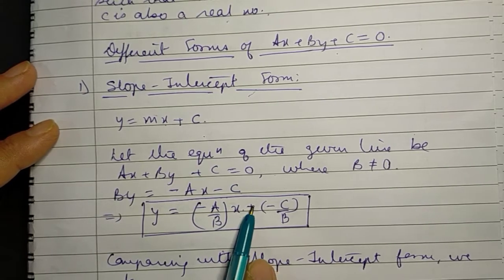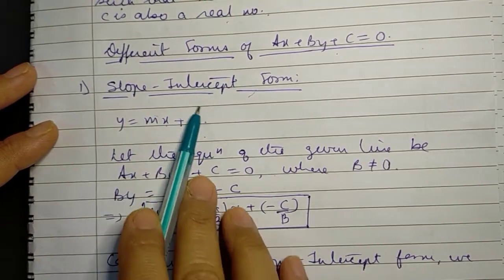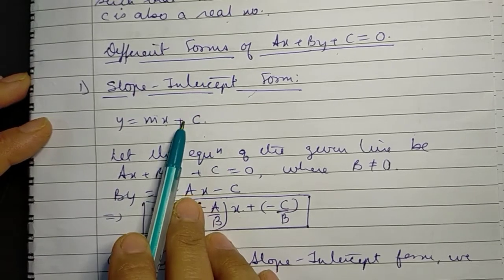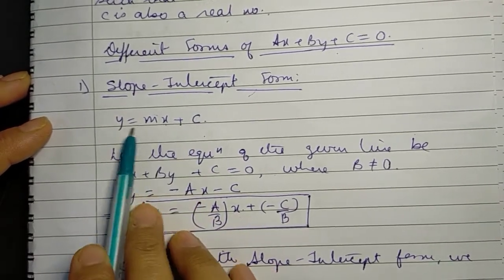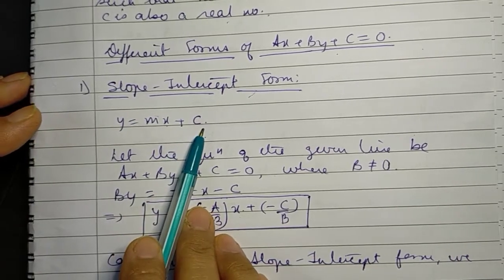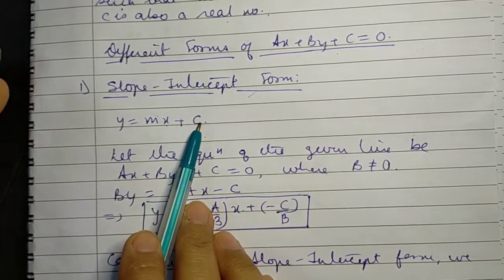Now, why have I written this plus sign over here? Because in the standard form of the slope-intercept form, we have a plus sign over here. So this we have to be careful about, that we maintain the positive sign wherever it is there. Wherever the negative sign comes, that gets absorbed in the constant.